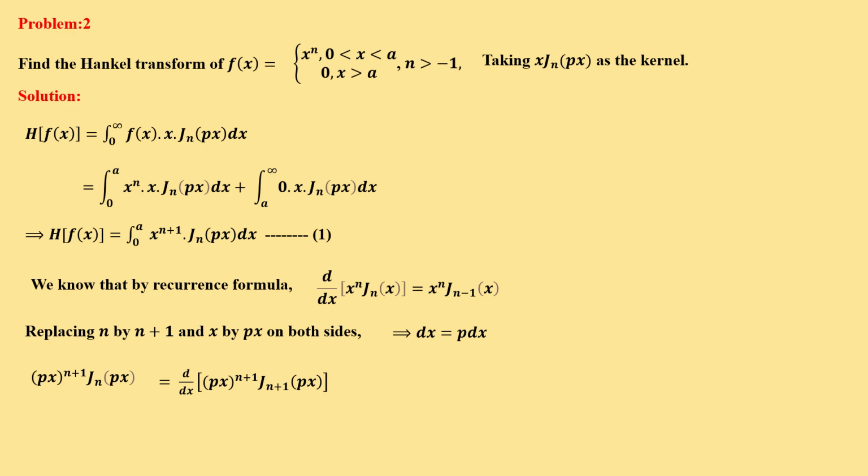Then we come to the right-hand side: d/dx, where dx becomes p dx, so 1/p times d/dx of, replacing x by px, (px)^(n+1) J_(n+1)(px). So p^(n+1) x^(n+1) J_n(px) is equal to d/dx of p^(n+1) x^(n+1) J_(n+1)(px).